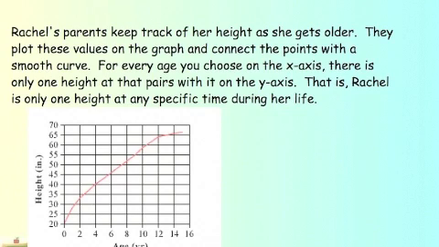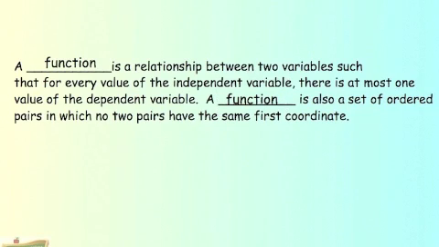For age 12, she is approximately 64 inches tall. At any given point in her life, she is at most one height. So examples of functions, such as Rachel's height, is considered a function.